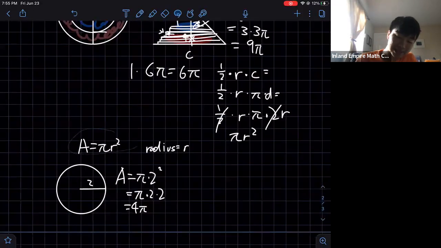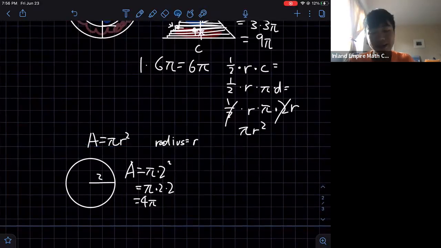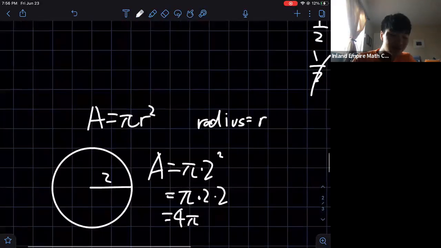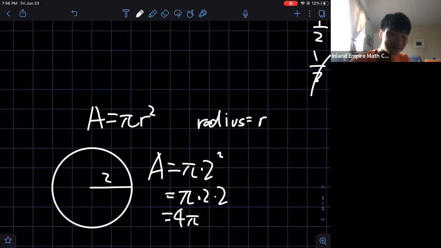The main thing is that the formula for the area of a circle is pi r squared, and that is a very, very important formula for you to know at all times. If you know this formula, then you should be good.